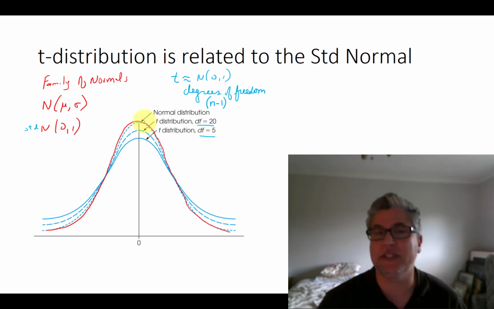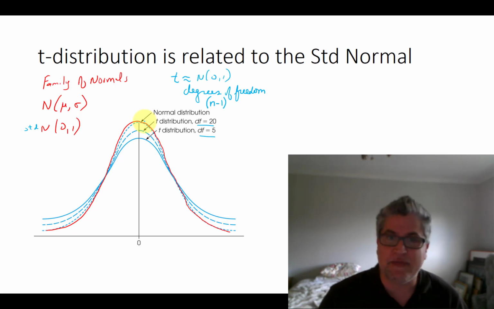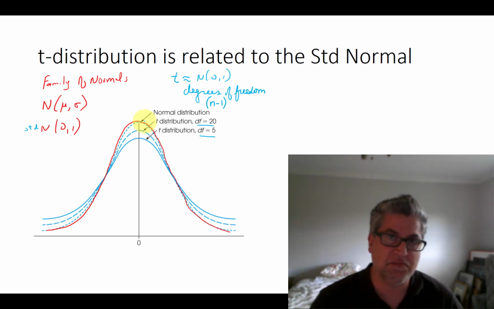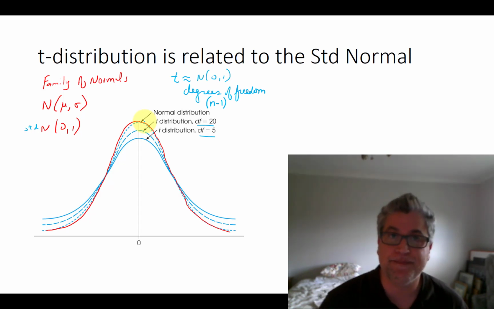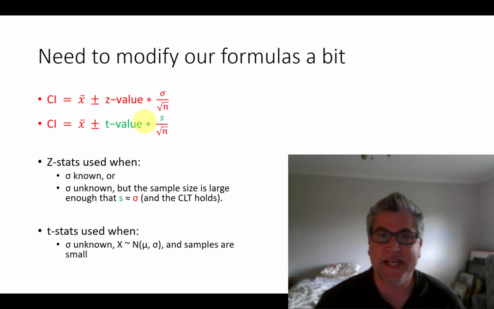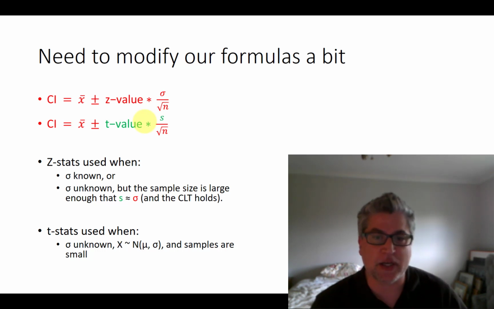So the t is particularly suited to small sample sizes. And if you've got a huge sample size, you can still use the t, but it also doesn't matter if you just switch over to the normal, because you're splitting hairs by that point. So how do we use this t distribution to construct a confidence interval? The formulas between the two approaches are nearly identical. In this first line, I show you how to construct a confidence interval for the mean when we're pulling from the standard normal.